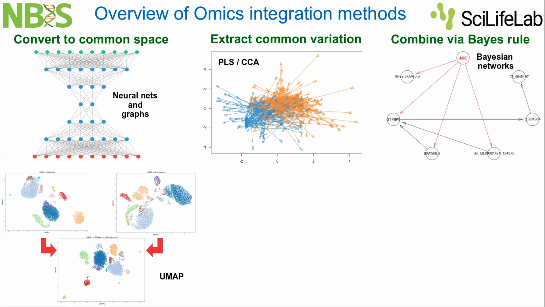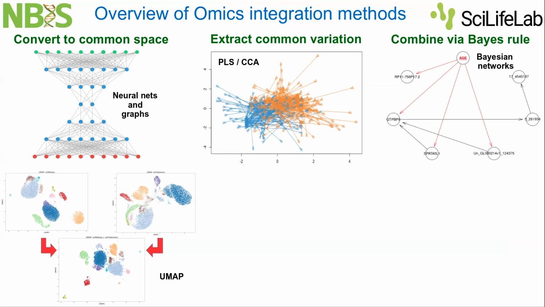And then there was a very promising direction through Bayes' rule. If you are familiar with Bayesian stats, think about Bayes' theorem: in the numerator there is a joint probability of observing multiple types of data, the product of the priors and the likelihood. So it's an ideal setup for integrating heterogeneous types of data.